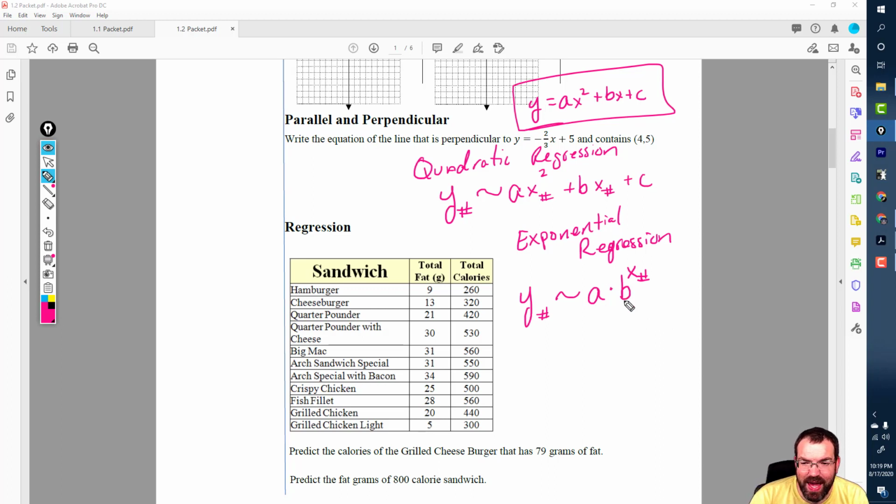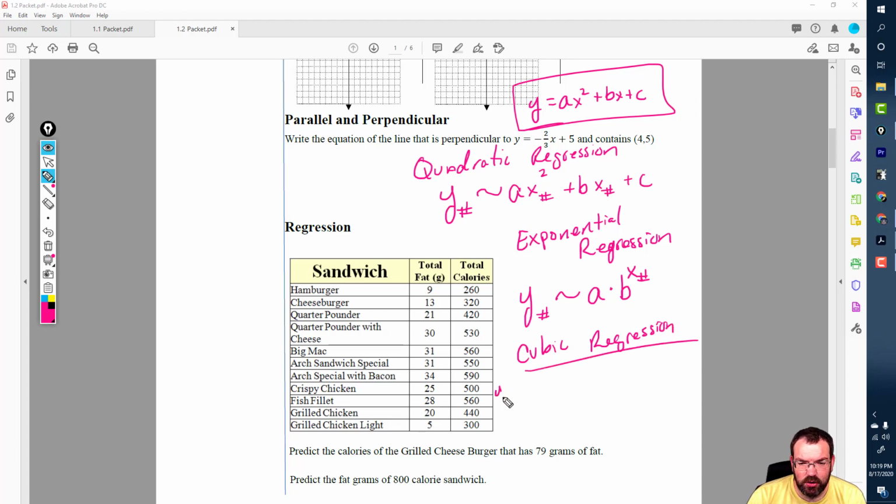So b is the number raised to the variable, like an exponent, x sub that number. That's your exponential regression. I'm not going to do square root because we won't have one. I know that for a fact. I will do a cubic just because I think we might have one of those in your practice or somewhere.